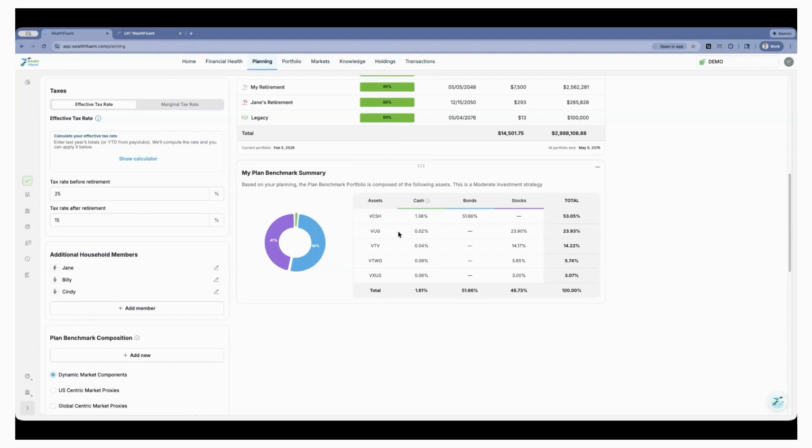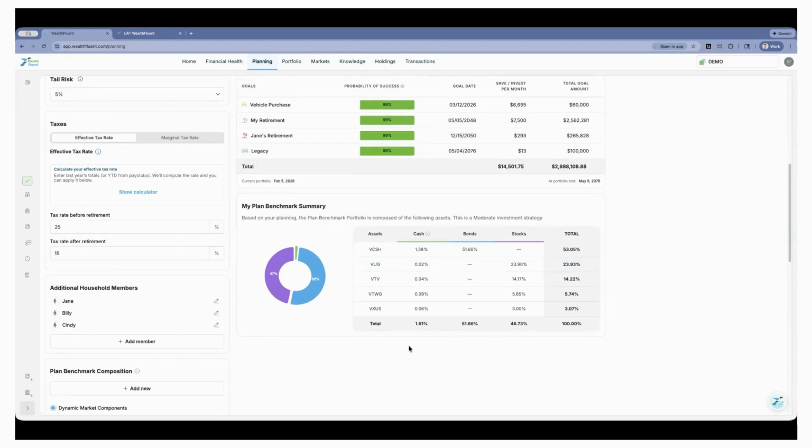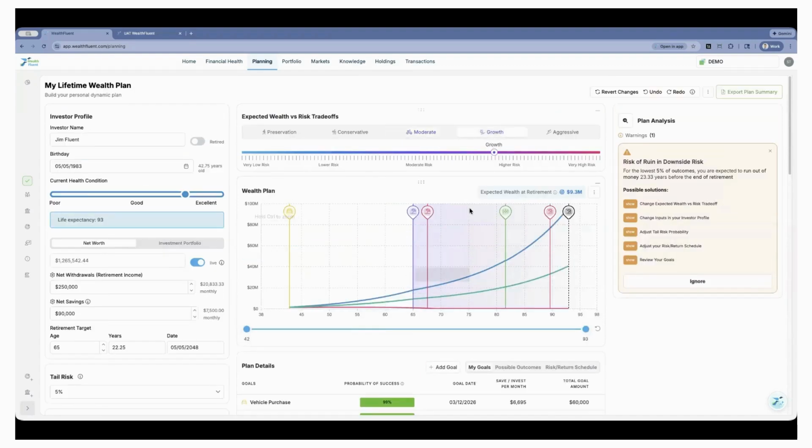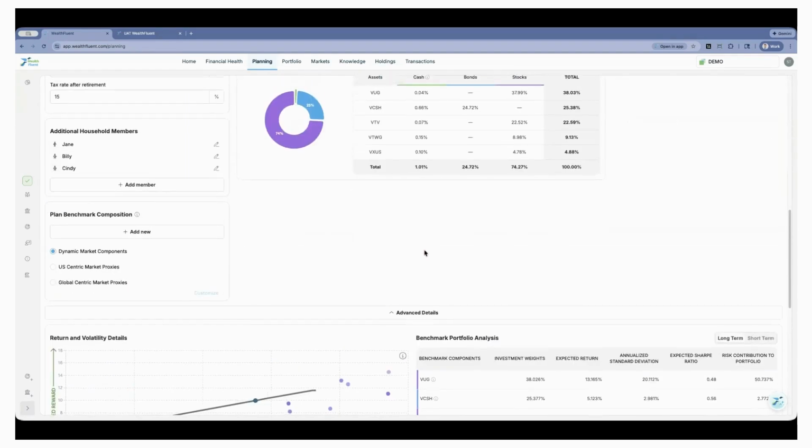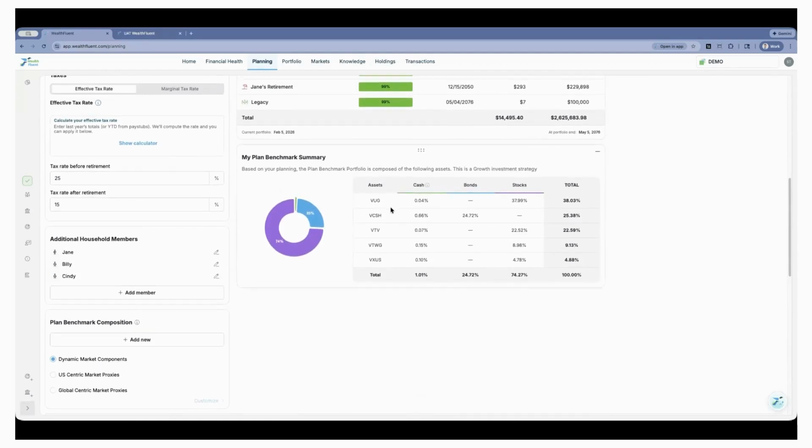And this will change based on what the market is offering on any given day, the weights, the amount of each of the assets in that, and it's also changing based on your preferences. So if you are looking for more of a growth portfolio, you are looking to take on more risk, the mix of assets will change in that benchmark portfolio. And this benchmark portfolio is what drives the rest of WealthFluent.